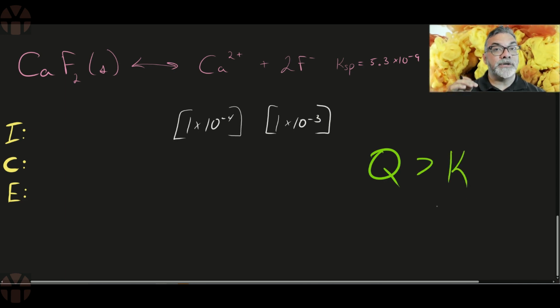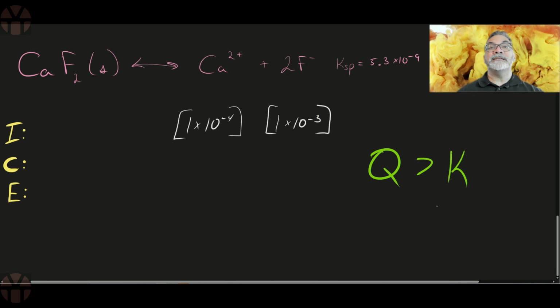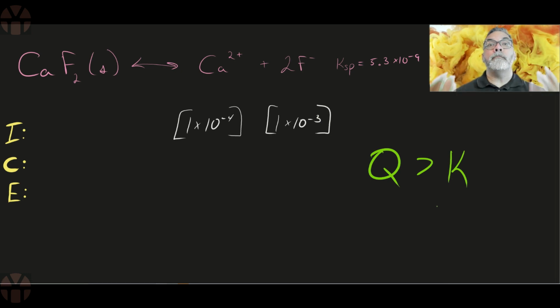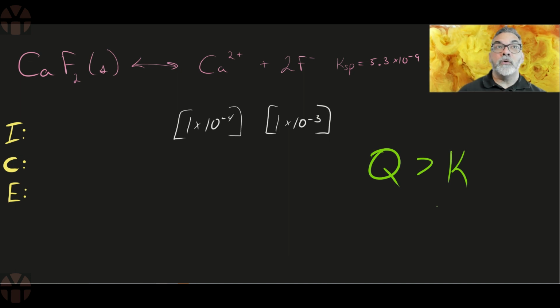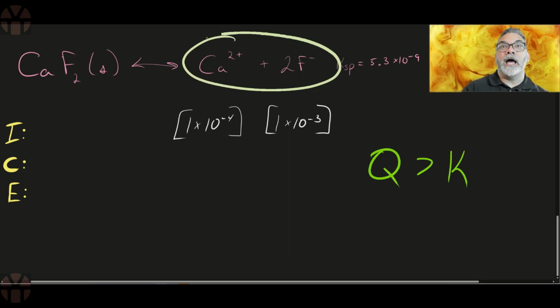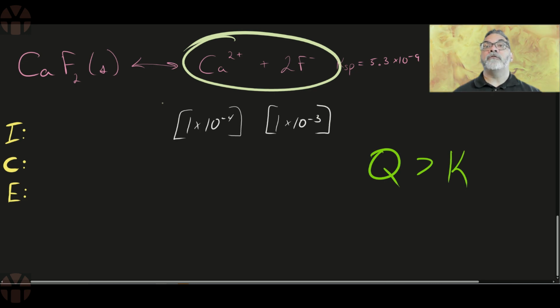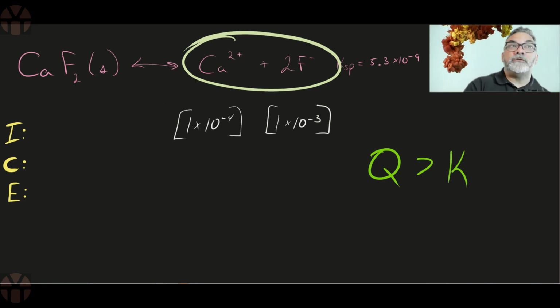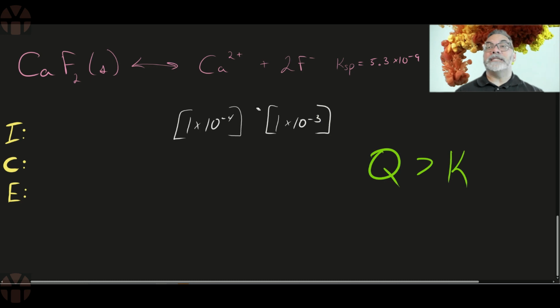If the answer is yes, that means I have too much of my product. In other words, I have too much calcium ion and fluoride ion. And if I have too much of that, then this reaction cannot make any more.